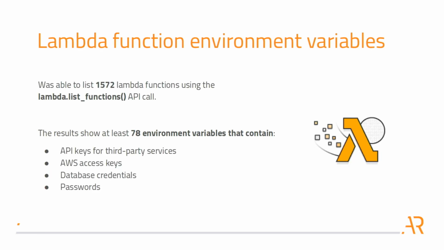And usually, developers store secrets in those environment variables. So by running lambda.list_functions, I got access to around 80 secrets, like API keys, database connection strings, other AWS credentials, and some other stuff.